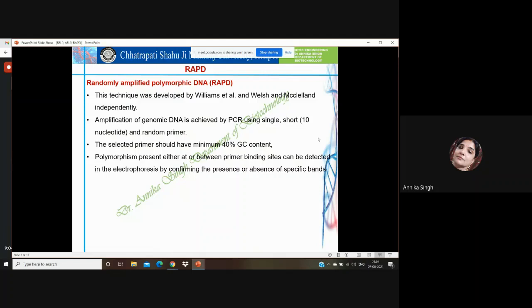That is the only condition. These amplified fragments are totally dependent on the length and size of both the target genome and the primer. And it is necessary that the selected primer should have at least 40% GC content.